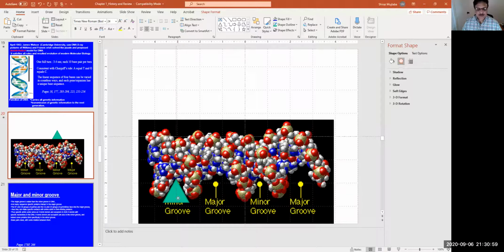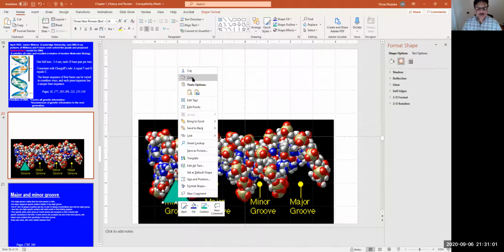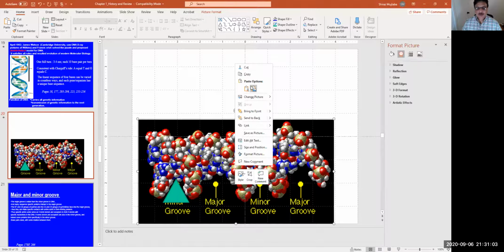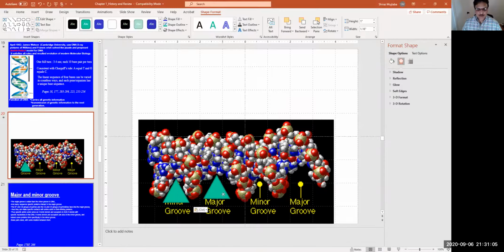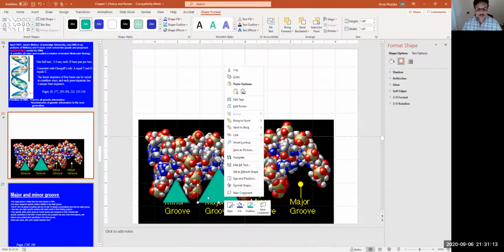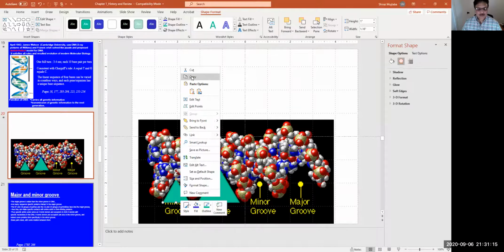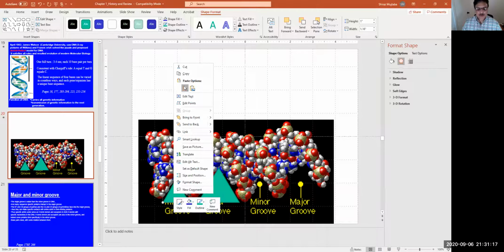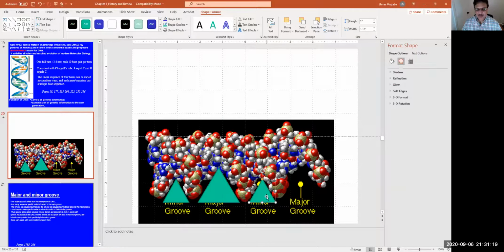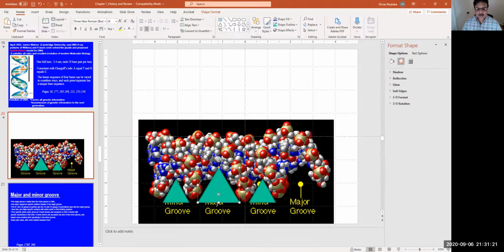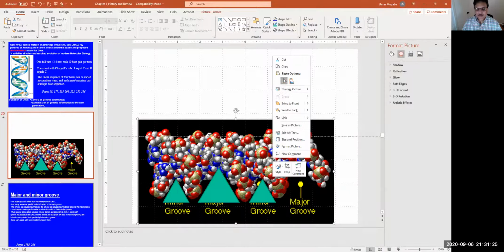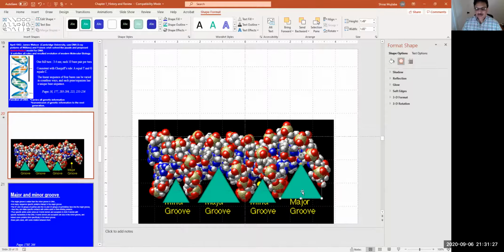So this is minor, and this one is a bigger groove. This is major, and then again, this one is minor, and then again this is major.